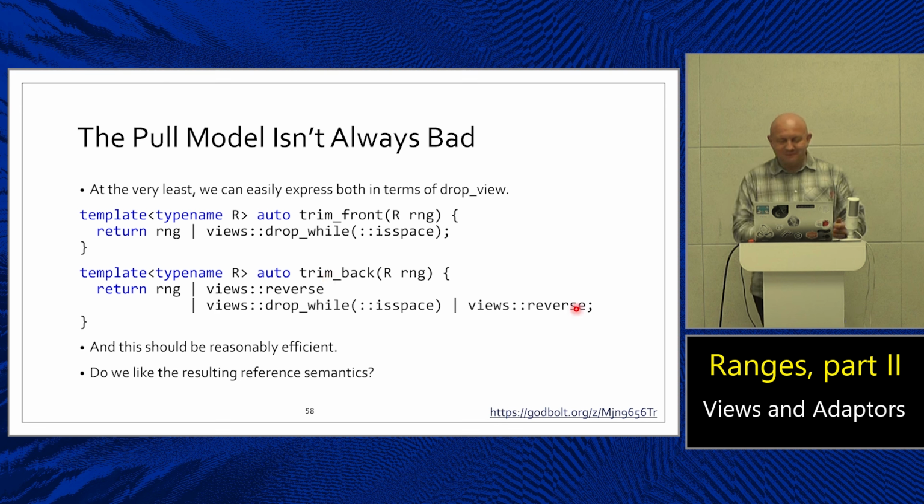And yes, this uses the pull model, it involves views stacked on top of views, but in this case, it's actually fine. Reverse view is extremely cheap. It doesn't move data. So overall, it's reasonably efficient. The real question is a different one. Do you like the reference semantics of the result?